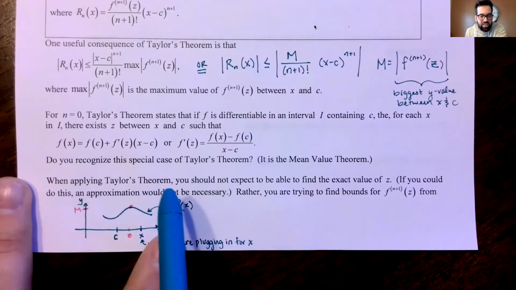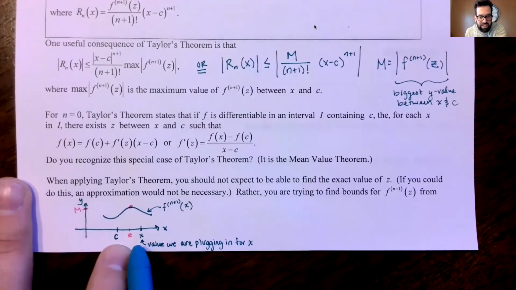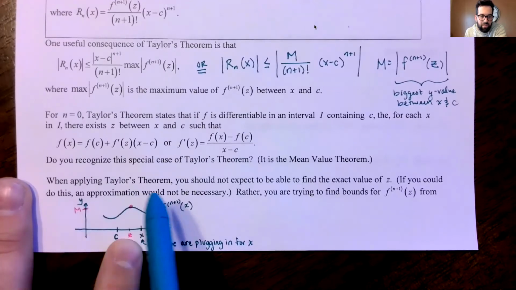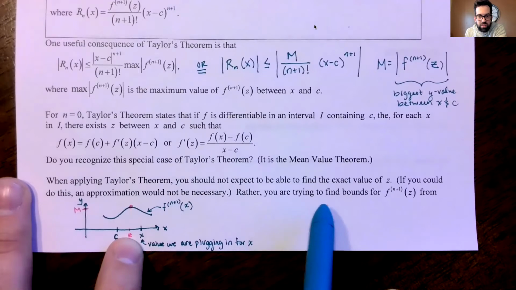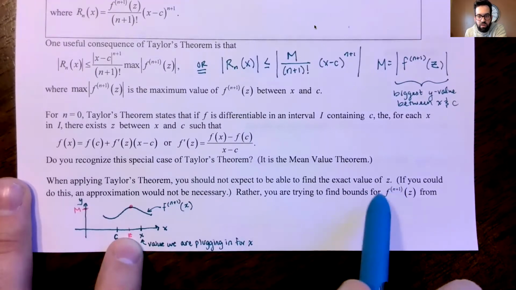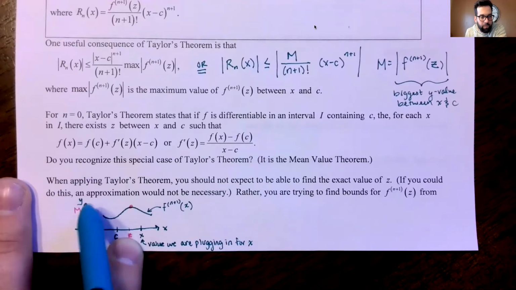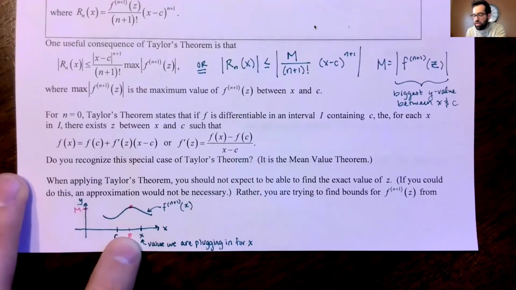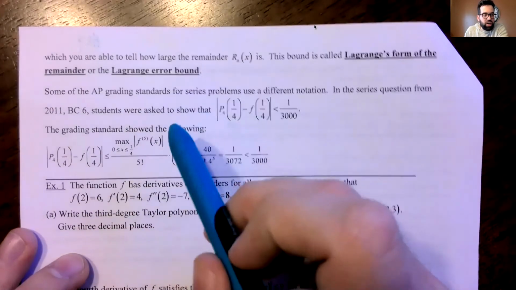When applying Taylor's theorem, you should not expect to be able to necessarily find the exact value of z. If you could do this, an approximation would not be necessary. Rather, you are trying to find the bounds for the n plus 1 derivative of f at z. So we're trying to find some upper bound of this capital M here. Okay. This is called the Lagrange error bound.